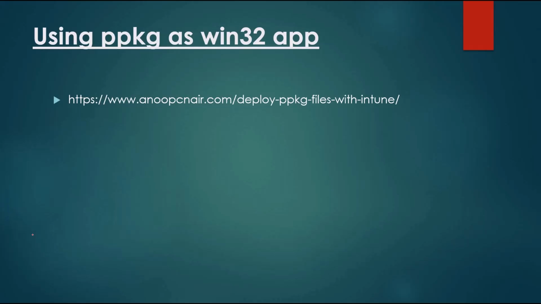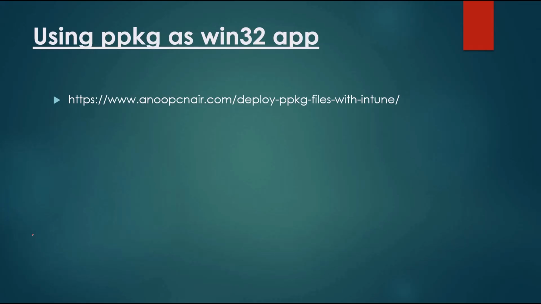So just to reiterate, what we are talking about here is, the first option was using a provisioning package which was going to enroll the device, and while enrolling it is going to Azure join the device, install the applications and configure settings as needed. That is option one, and in that case we will have to run that provisioning package manually in the device, because we cannot send that provisioning package automatically to the device from Intune, because the device is not enrolled to Intune to begin with, right?